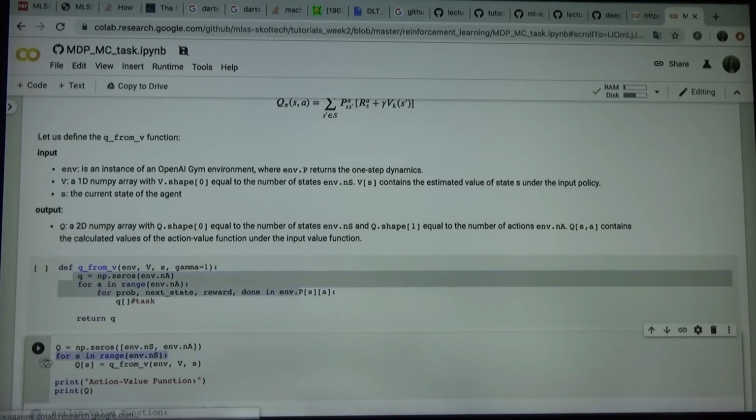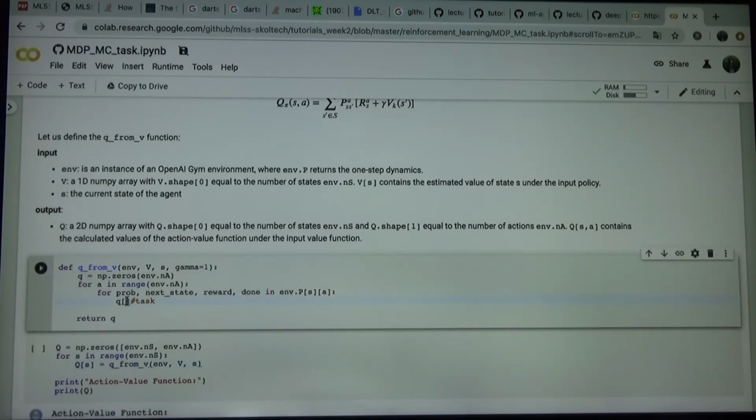And here we are going to compute an actual matrix: for each state, we're going to compute all of the actions and all of their Q values. So here we're just thinking, okay, I have some state S, let's calculate how promising the actions are in this state.